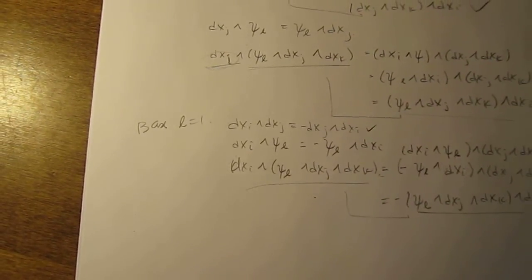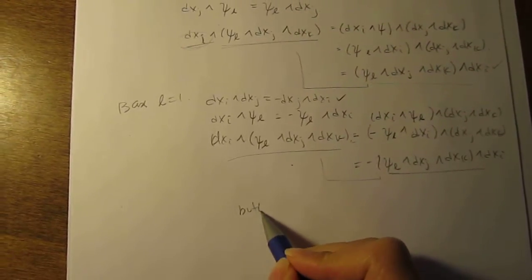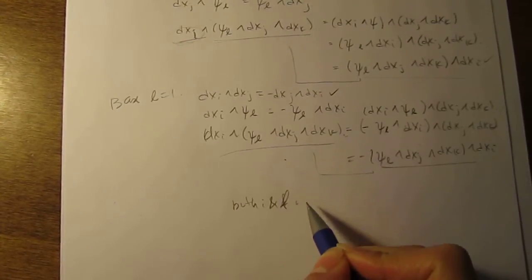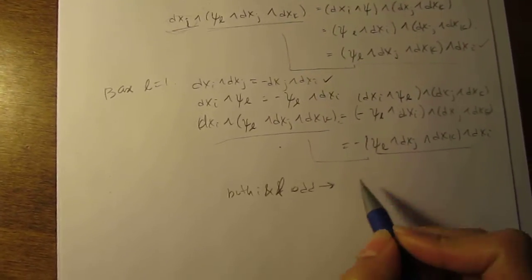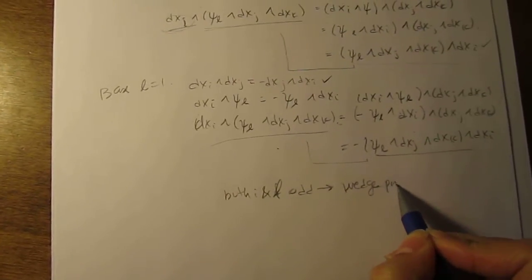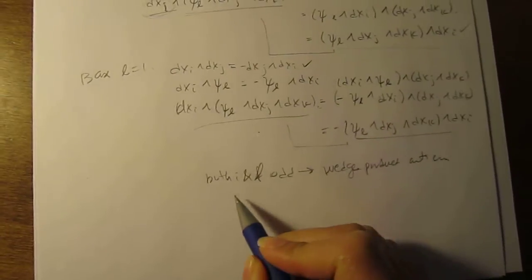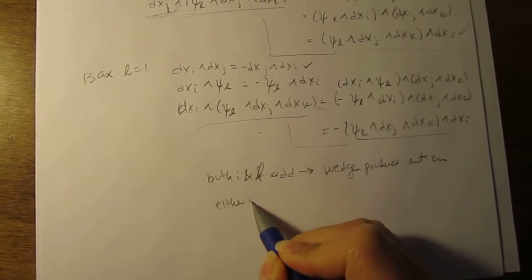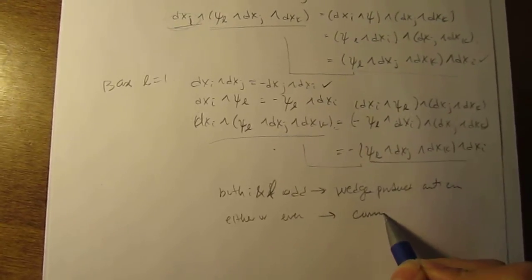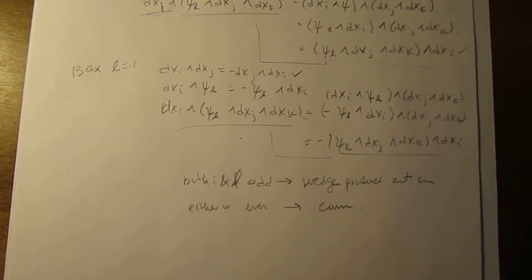So our conclusion is that if both I and L are odd, then our wedge product is anti-commutative, and if either is even, then our wedge product is commutative. And that finishes proof 19.2. Yay!